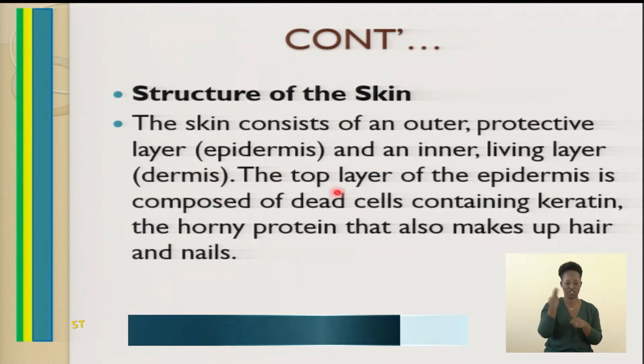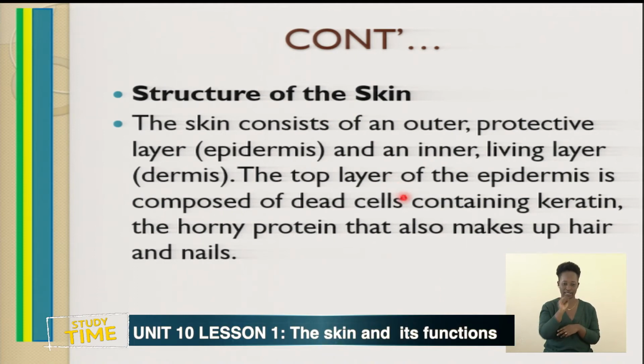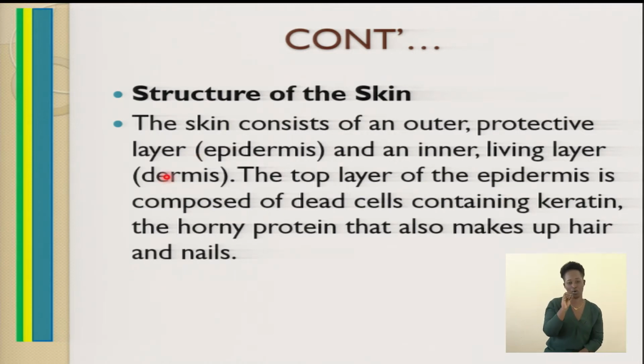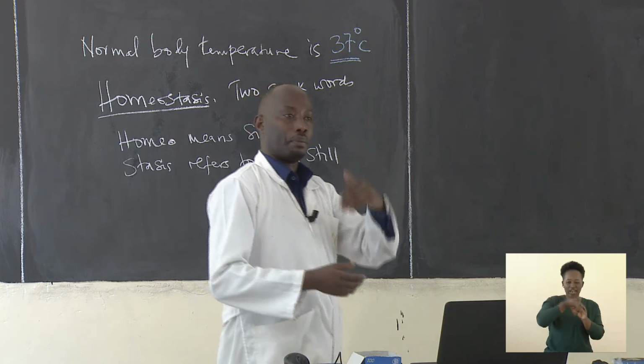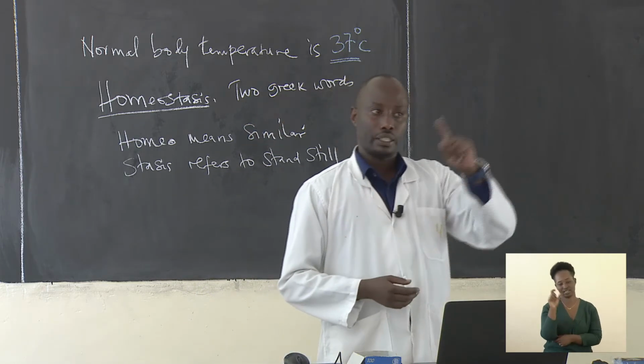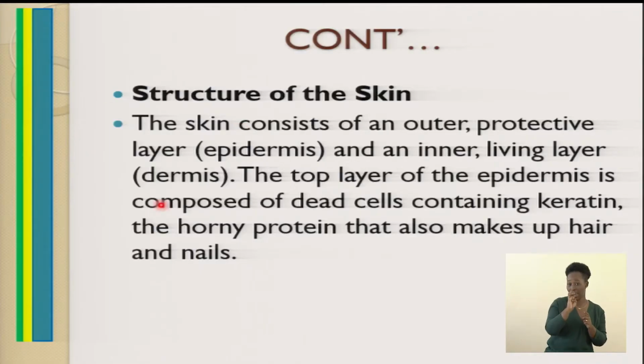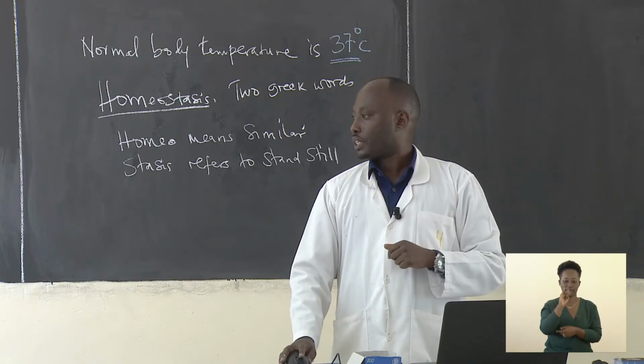The top layer of the epidermis is composed of dead cells. That's why I mentioned the dermis is composed of living cells, while the epidermis is made up of non-living cells. Most of the time the cells found in the epidermis are not living. But the dermis, which is second to the epidermis, is made up of living cells.